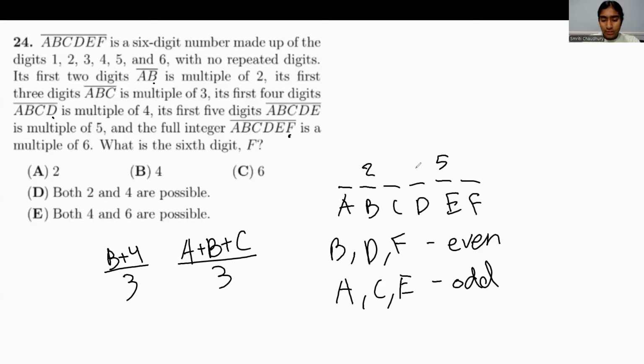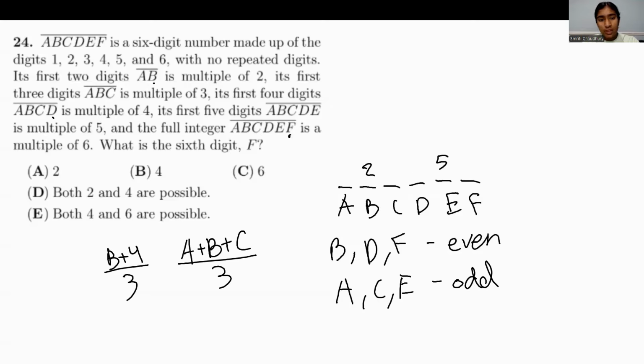Now, looking at here, ABCD is a multiple of 4. So that means that the divisibility rule states that the last 2 digits, which would be CD, have to be divisible by 4. Now we know that C is an odd number, so let's say it was 1, then D can either be 4 or 6.